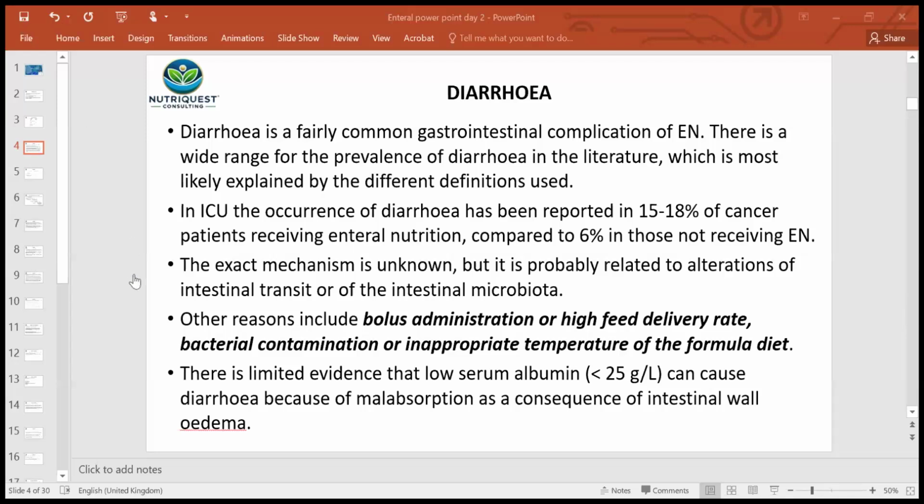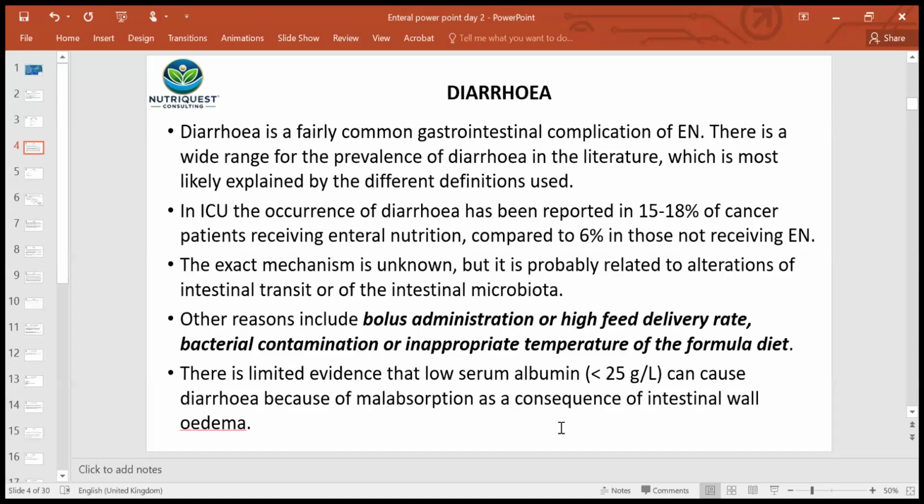For instance, if we are delivering bolus enteral nutrition by pushing rather than letting it flow through gravity, then definitely it will affect the intestinal transit time. So those are the main issues that are linked to causing diarrhea.